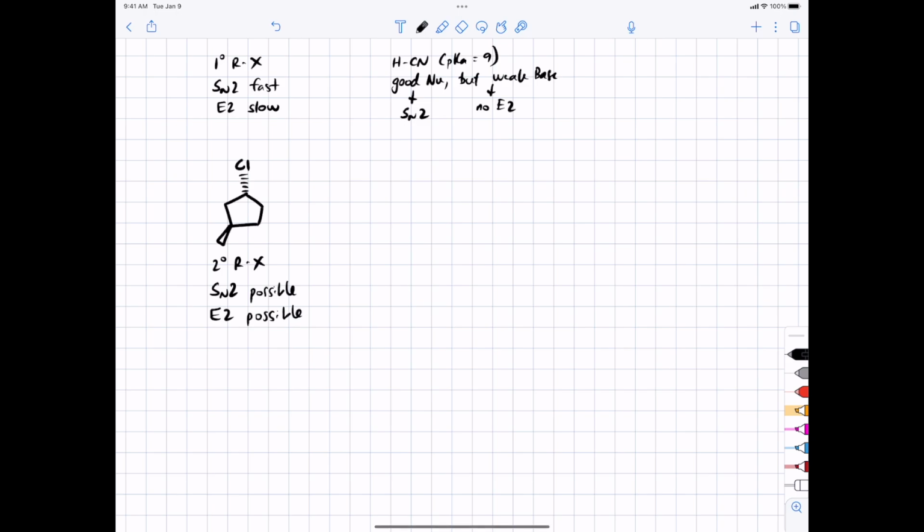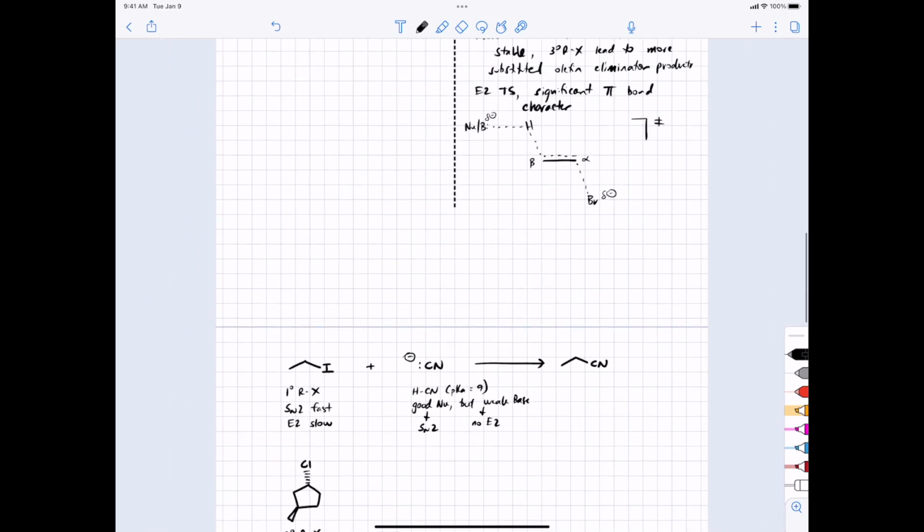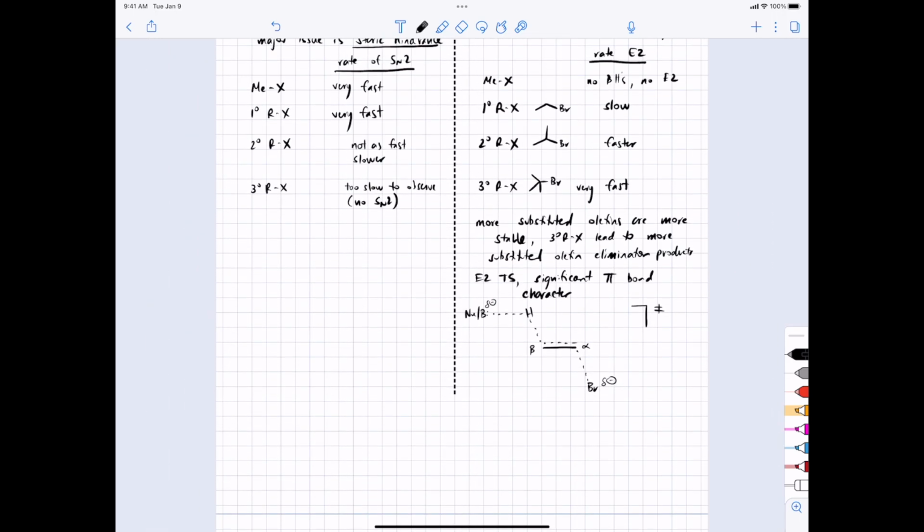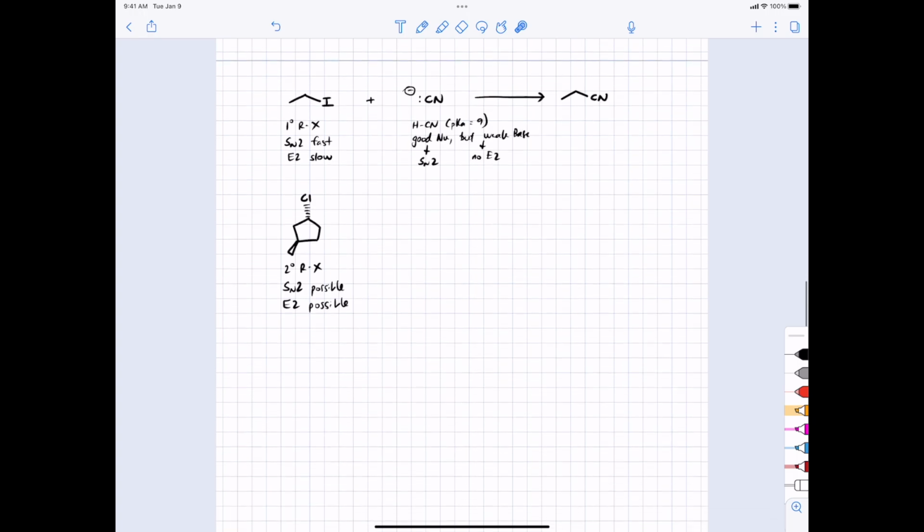The rates of both of those reactions are sort of intermediate for the secondary alkyl halide based on what we discussed above. E2 is a little bit faster for a secondary alkyl halide than a primary alkyl halide. For the SN2, it's not as fast for the secondary alkyl halide as for the primary alkyl halide, but we'll be worried about both possibilities.